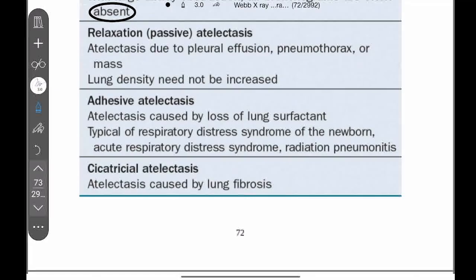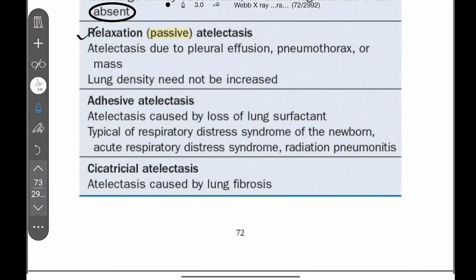So relaxation means passive. It is called passive atelectasis, which is atelectasis due to pleural effusion, pneumothorax, or some mass. The lung density need not be increased. That is about passive or relaxation atelectasis.